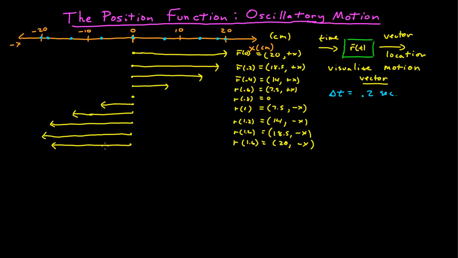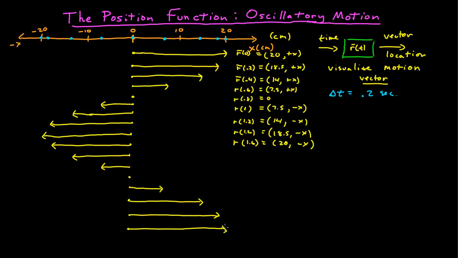So now the vector function starts shrinking back to 18.5, then 14, then 7.5, then 0, then 7.5. That 7.5 seemed to be a little different length there. And then 14, then 18.5 now along the positive x-axis, and 20.